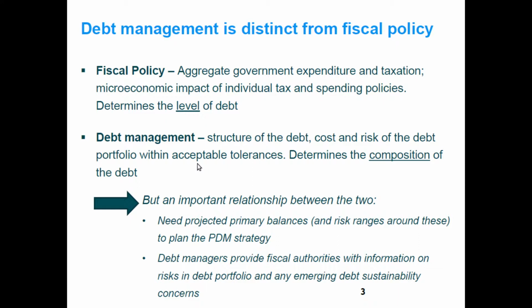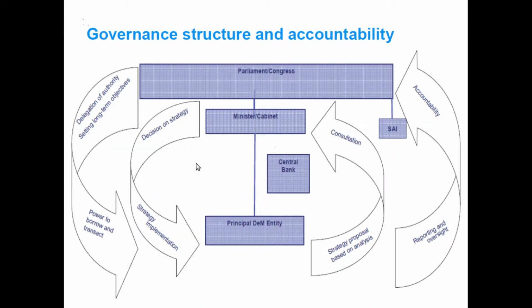And getting it wrong can have dire consequences. We saw that in a number of countries in the 1990s, early 2000s, where composition of public debt did play a role in some debt crises.